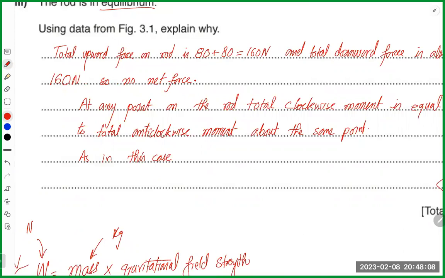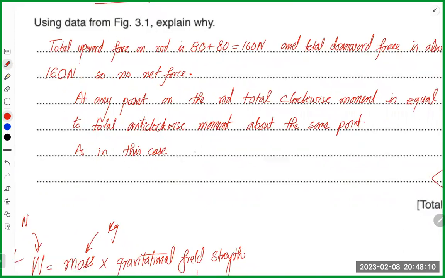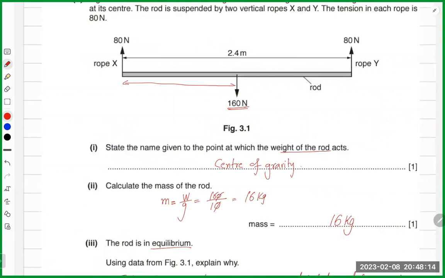As in this case, what is the length of the rod? 2.4. So this will be 1.2 meter. If I consider this point as pivot, there will be 160 multiplied by 1.2 as the clockwise moment and 80 multiplied by 2.4 as anti-clockwise moment.